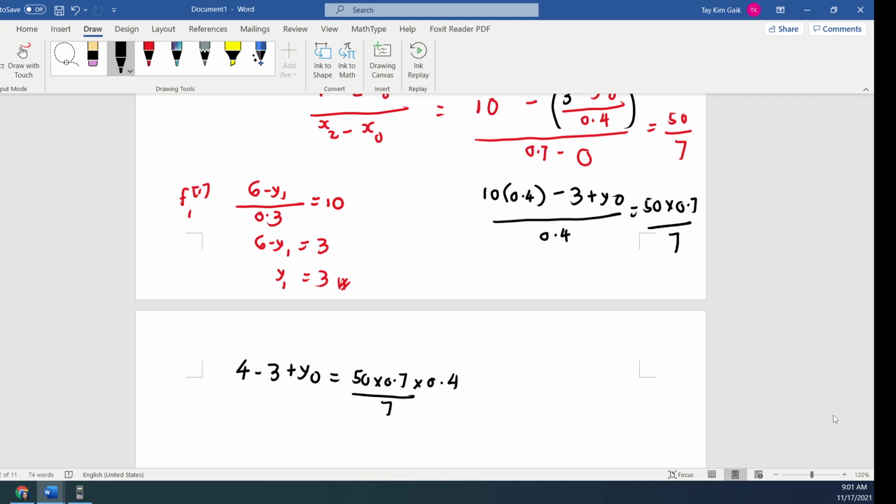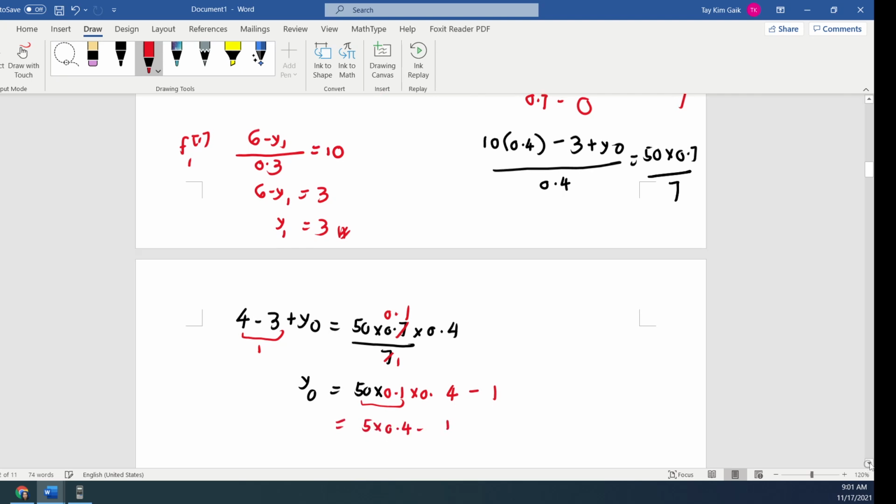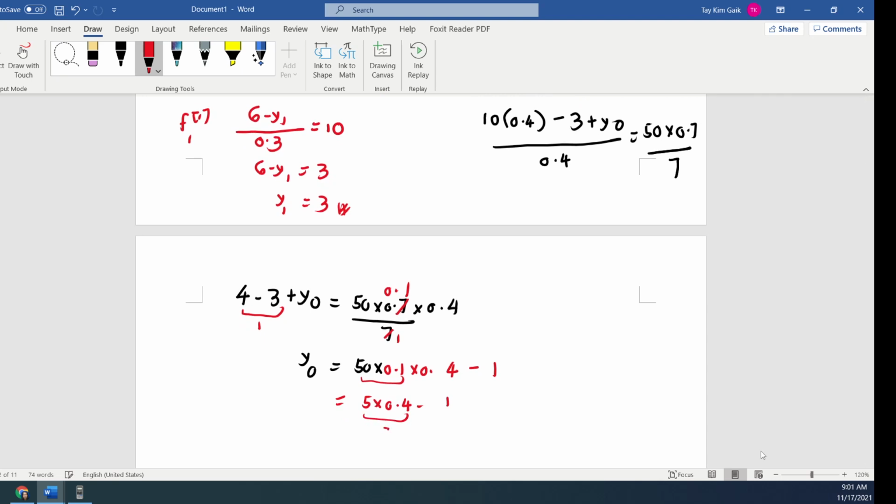So 4 minus 3 is 1, and y naught is 50 times 0.1 times 0.4, bring the 1 to the right hand side, minus 1. 50 times 0.1 is 5, times 0.4 is 2, minus 1. Y naught is 1.